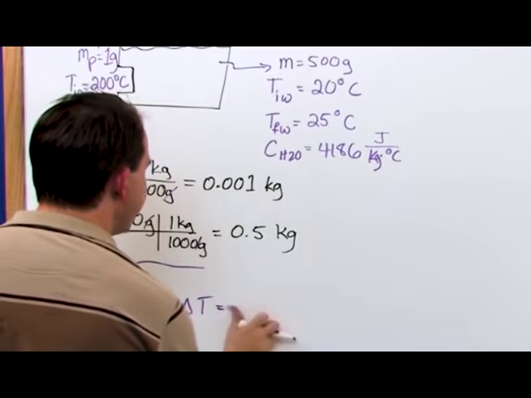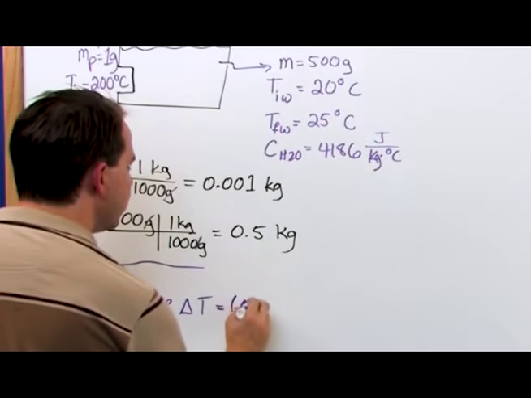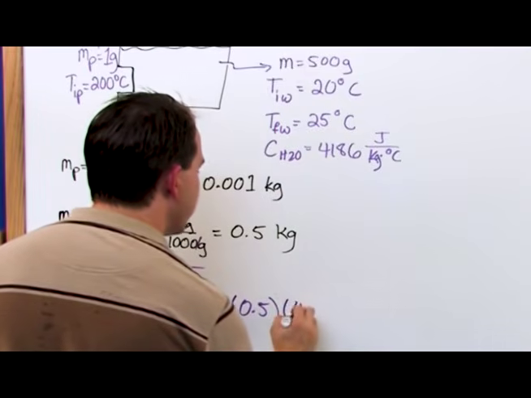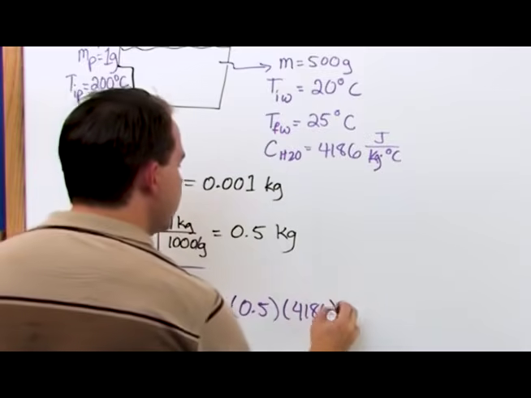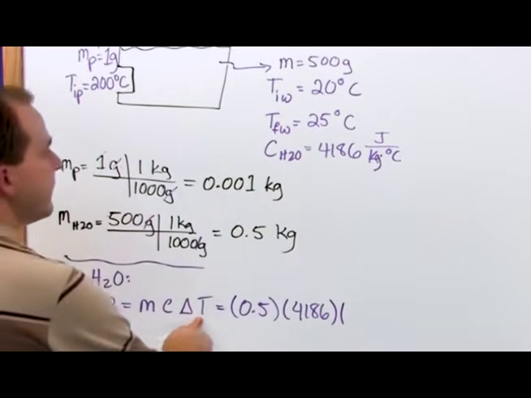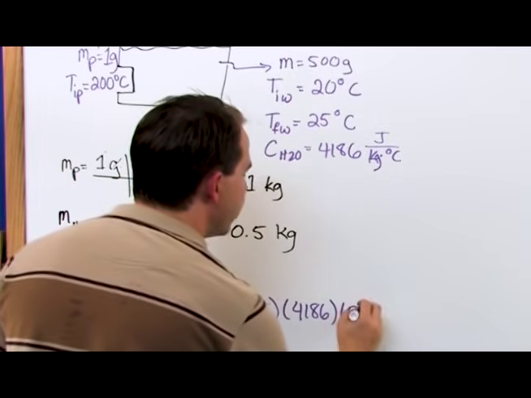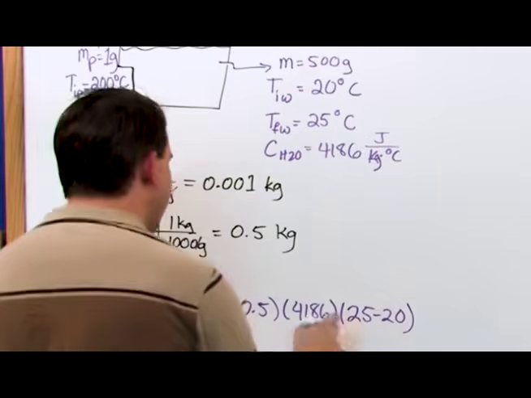I'm sorry, it's not 500. See, I almost fell for the oldest trick in the book. It's half a kilogram. You've got to work in terms of kilograms. Times the specific heat, 4186. Notice our units are consistent, kilograms with kilograms. Times the delta T. In this case, delta T is final temperature minus initial temperature. So it's 25 minus 20. This is the change in temperature of the water.